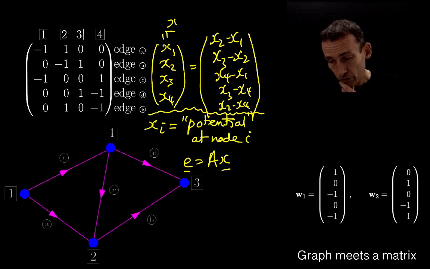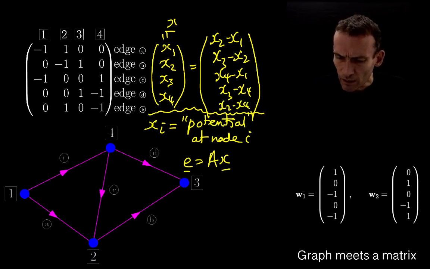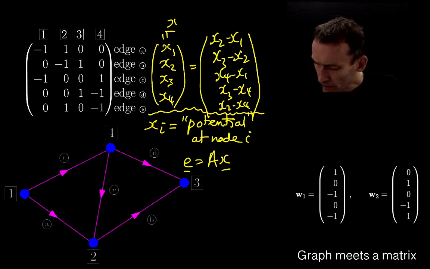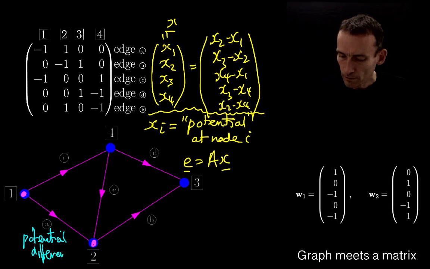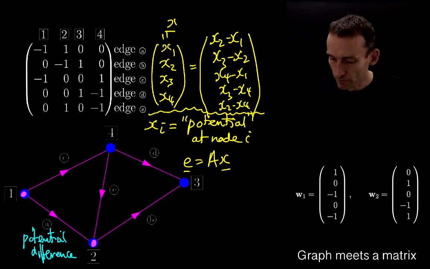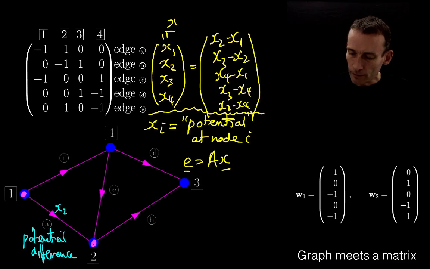Now if you just had to say in words what e was, that vector I've just worked out, what would you say? Look at the first element. Suppose I've got my x2 value here and my x1 value here, then isn't x2 minus x1 just the potential difference across edge a of the potentials at the 2 nodes? That's the first element of my e.